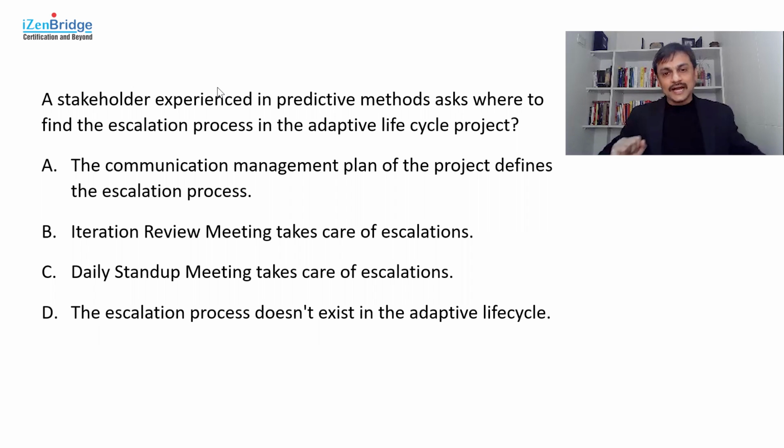Okay, so the thing I am trying to stress based on this question is that even in the agile way of working, especially when you are working in a project context, because we are not talking about pure agile where a project does not exist. We are talking about an adaptive way of working in the project context.